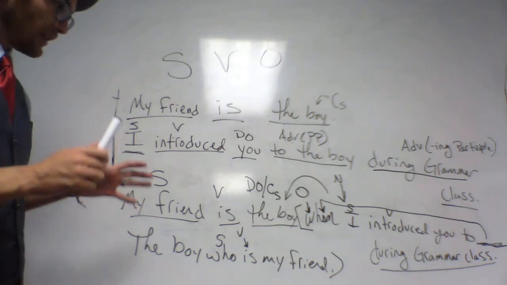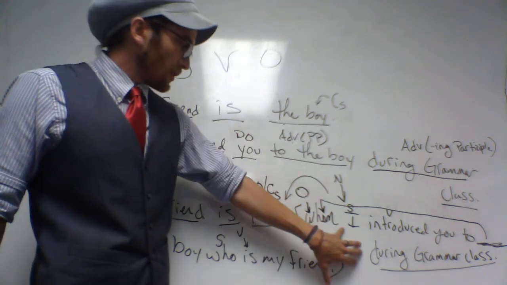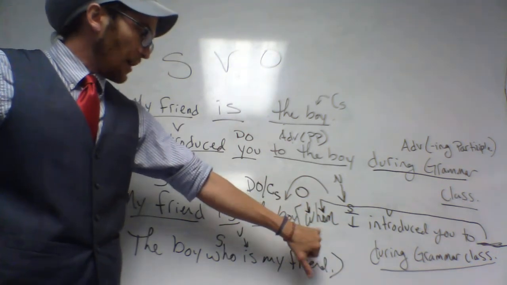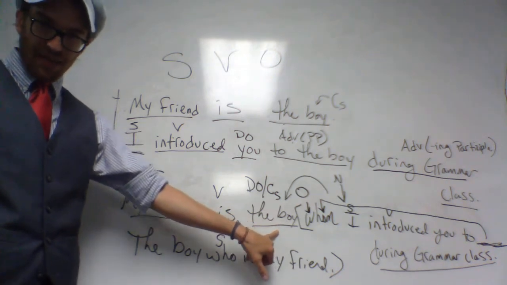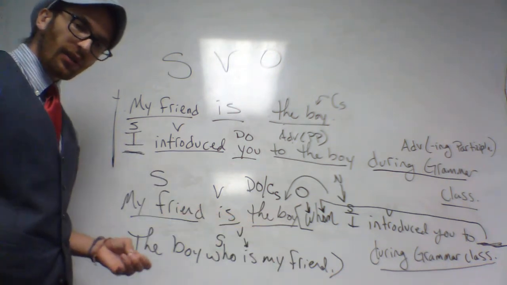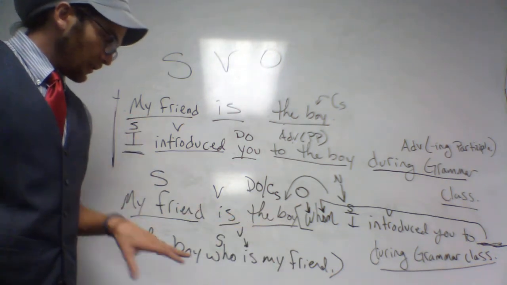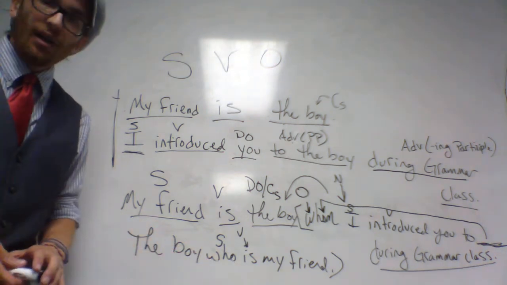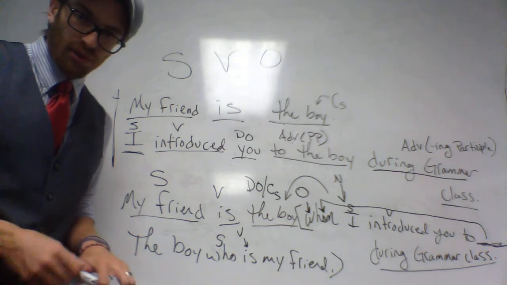Okay? So here we have a relative clause with a relative pronoun as a direct object, modifying the direct object of the main clause. Okay, and earlier I showed you the relative clause with the relative pronoun in the subject position, modifying a direct object.